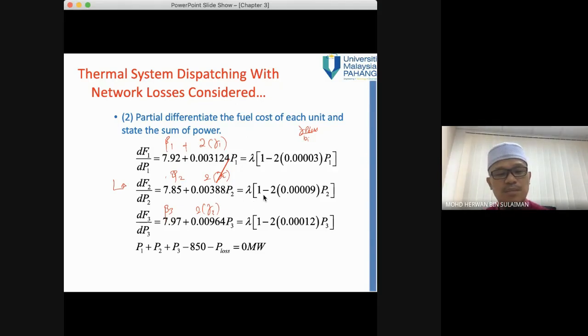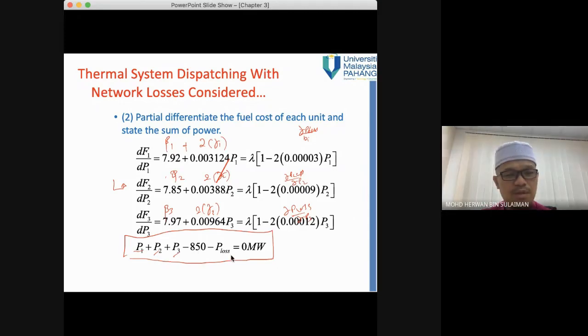Similarly, this one is 1 minus 2 because we have P2 square. So this is dp loss over dp2, and this one is dp loss over dp3. And then we have our equality constraint equation: P1 plus P2 plus P3, our demand is 850, and then minus P loss equals 0.